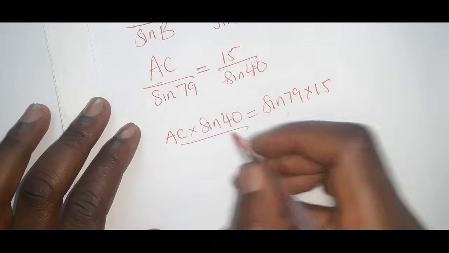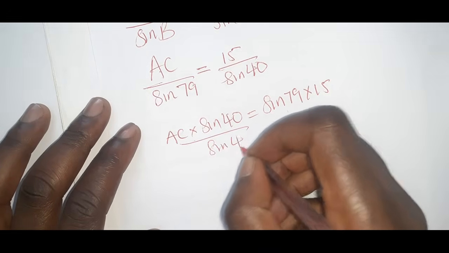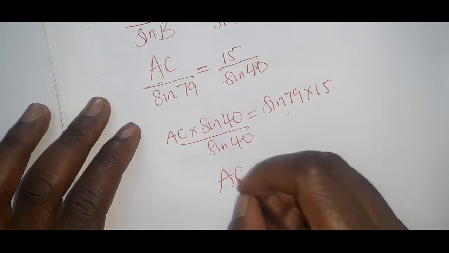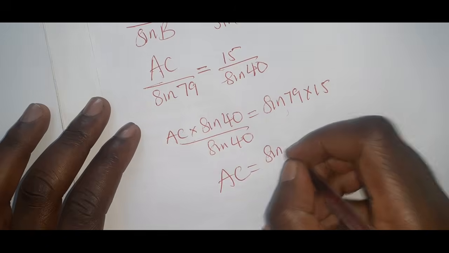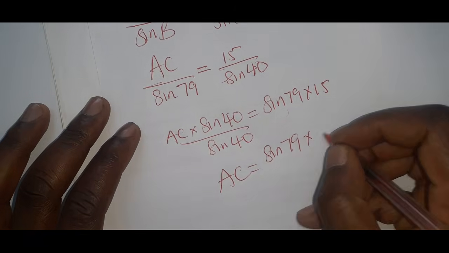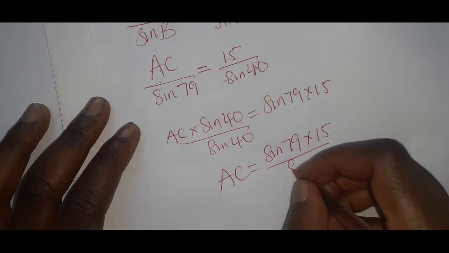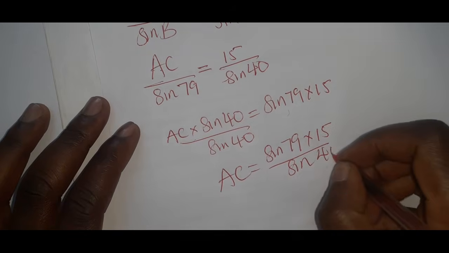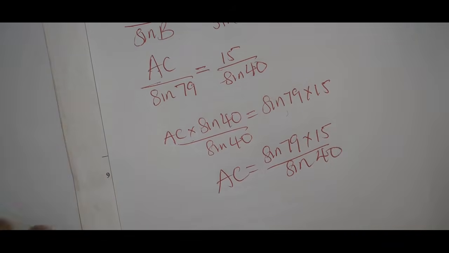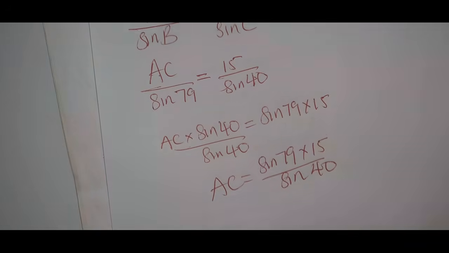So you divide both sides by sine 40. So AC is equal to sine 79 multiplied by 15 over sine 40. So let's punch on our calculators and see what we're going to get.